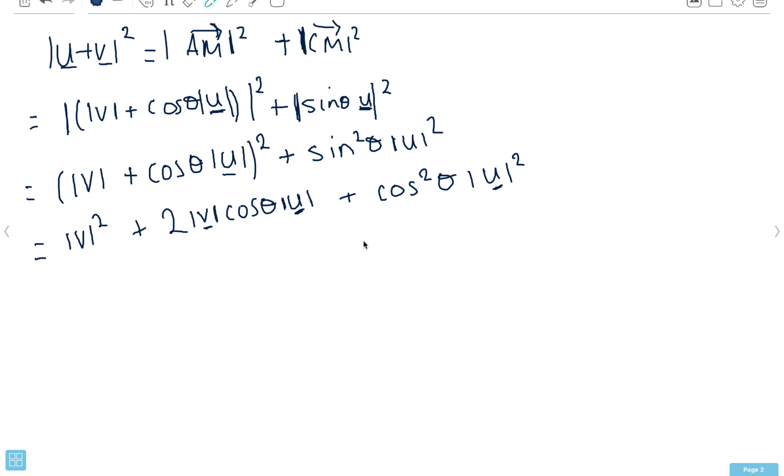All of this is just this bit expanded, plus sine squared theta mod u squared.